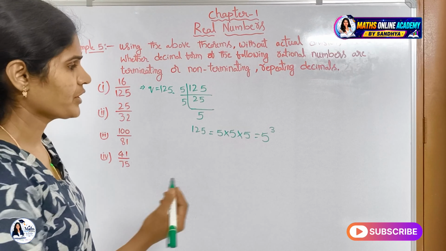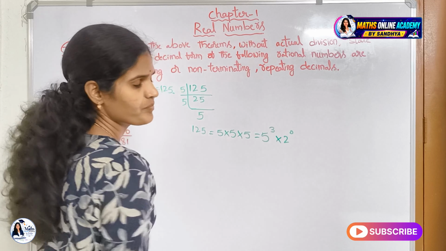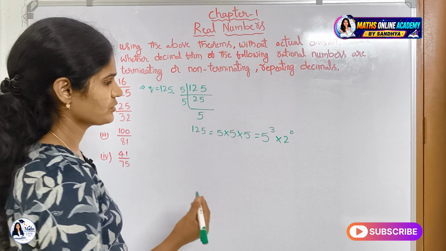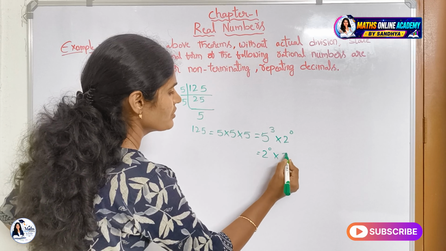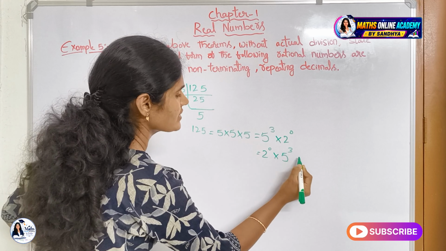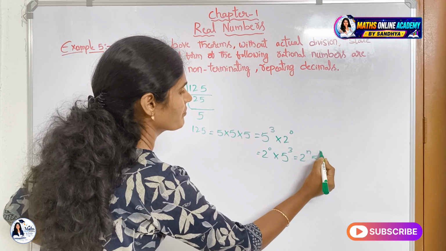And we can write 2 power 0 as well. So this is in the form of 2 power 0 into 5 power 3. This is in the form of 2 power n and 5 power m.